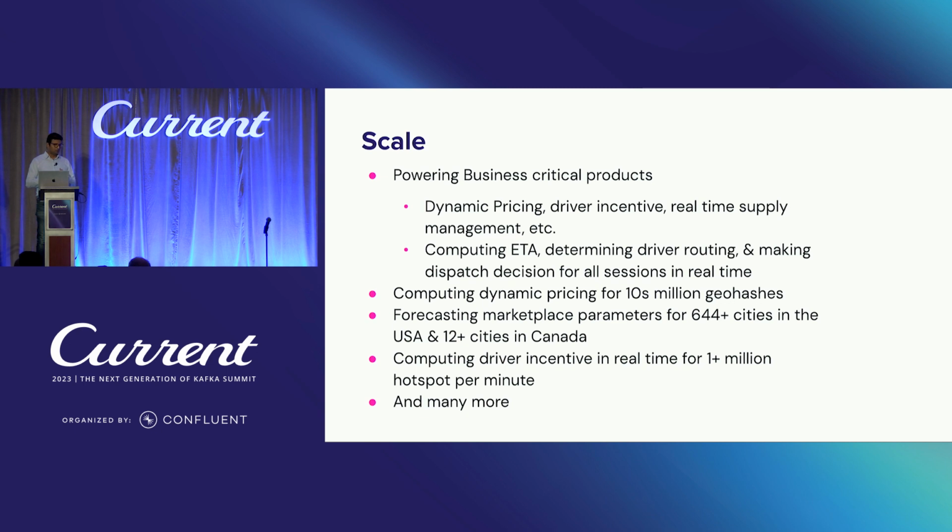We are computing dynamic pricing for almost tens of millions of geohashes every minute or so. And then we are forecasting different marketplace parameters for 640 cities in the USA and 12 plus cities in Canada. And we are also computing driver incentive in real time for not 100, but 1 million hotspots per minute.